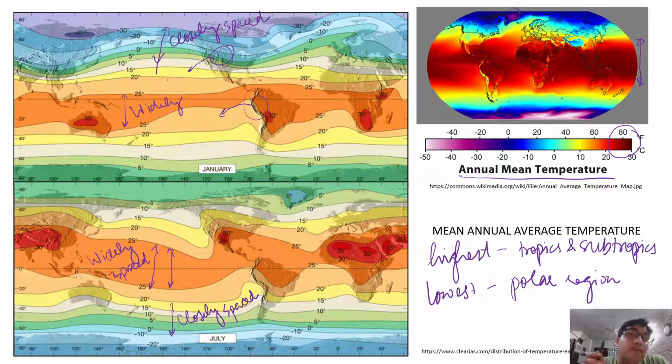Now, the impact of ocean currents plays a very, very important role in the distribution of temperature. If you go see my lecture on surface ocean currents, there I have talked about two types of ocean currents: the western boundary current and eastern boundary current. The western boundary currents are normally warm currents, and the eastern boundary currents are cold currents. Whenever I say eastern boundary and western boundary, what do I mean by that?